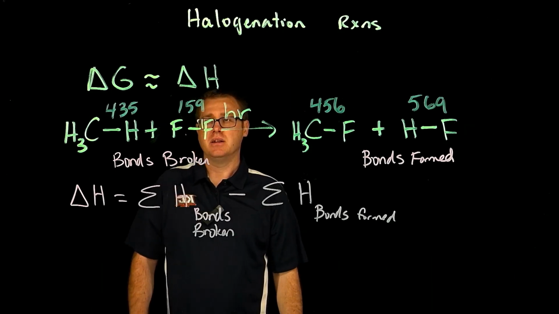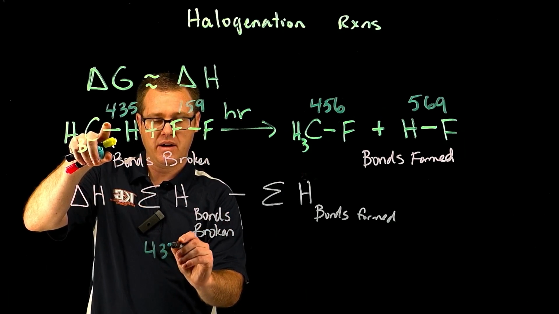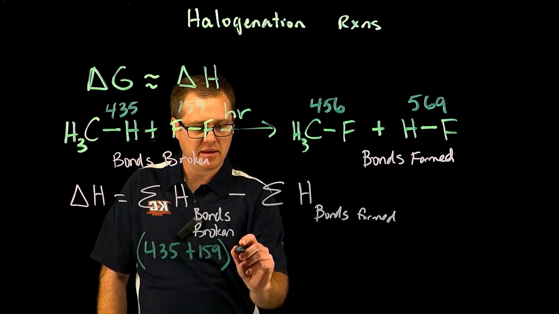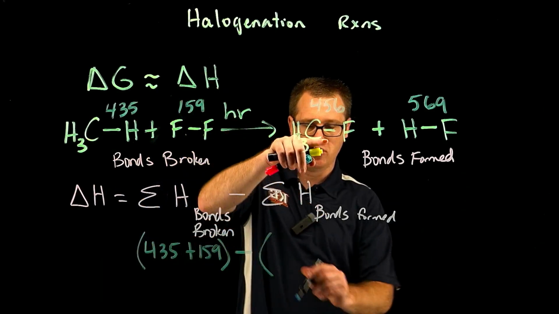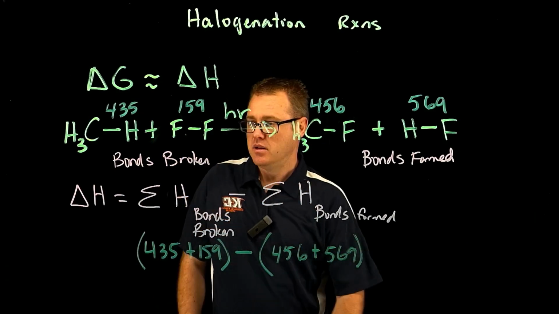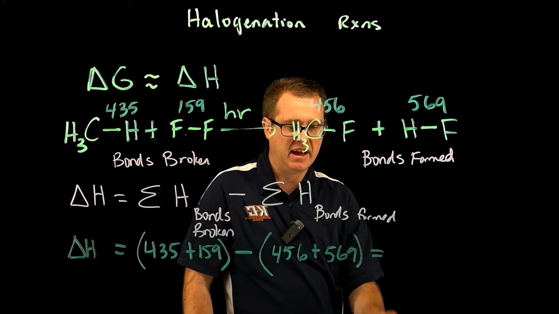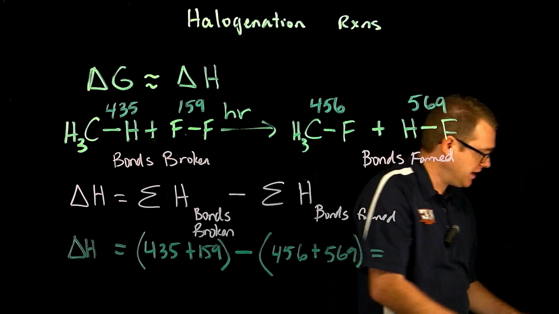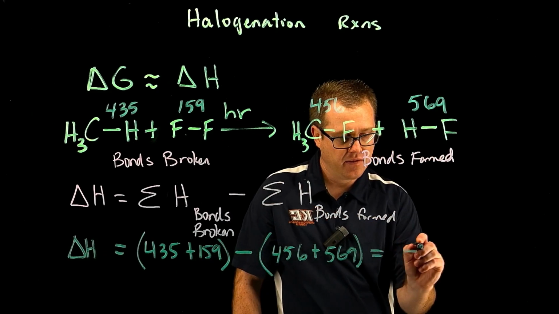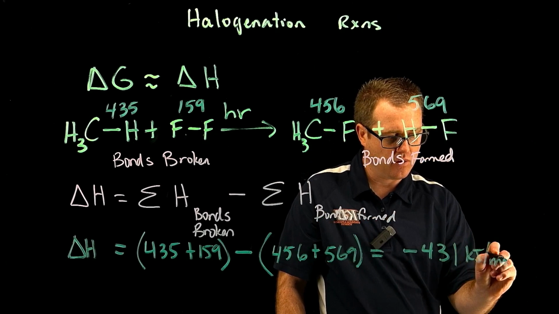So we just got to use this equation right here and sum it all up and then subtract it. So bonds broken right here, we would just go 435 plus 159. Add those together, and then we would have to minus the sum of the bonds formed. 456 plus 569. And that's going to equal the change in enthalpy. And when we type that into our calculator, we are going to get an answer of negative 431 kilojoules per mole.